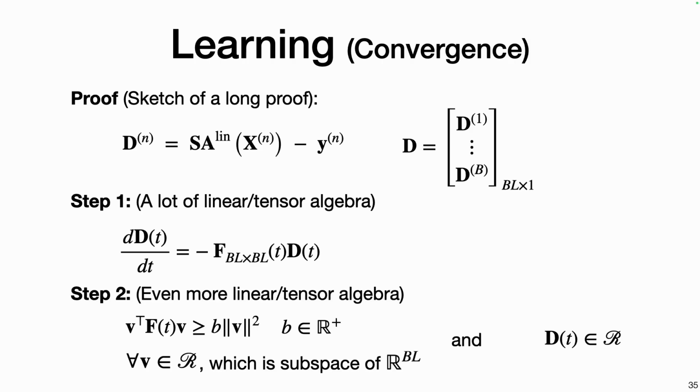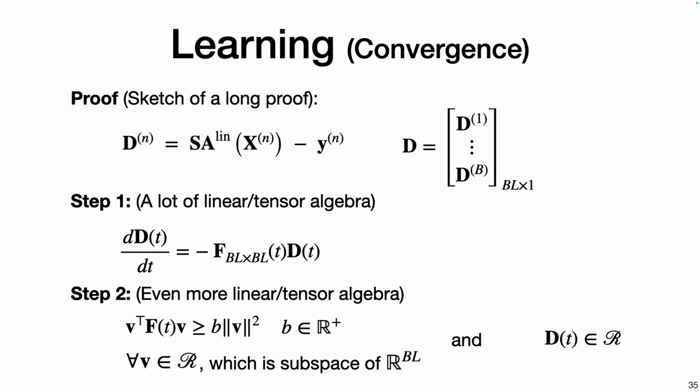Then with even more linear algebra, we show that this f matrix is positive definite, strictly positive definite in a subspace of the large vector space, and we show that this d vector stays within that subspace through all training. Therefore, coupling the results of step 2 and step 1, we can see that d converges to 0. Consequently, self-attention outputs converge to task labels.